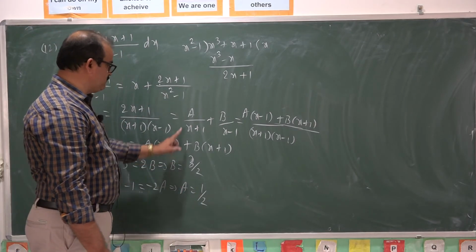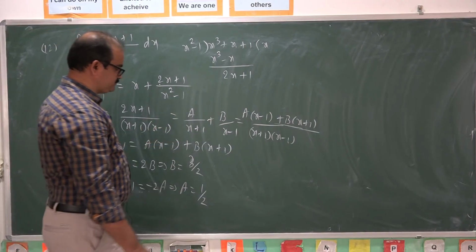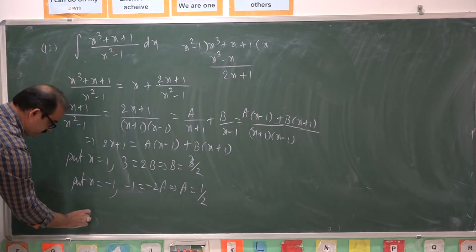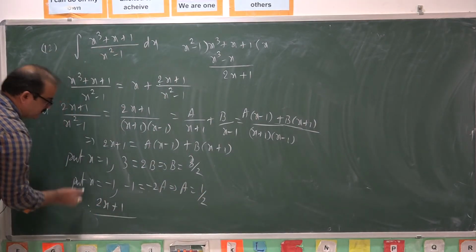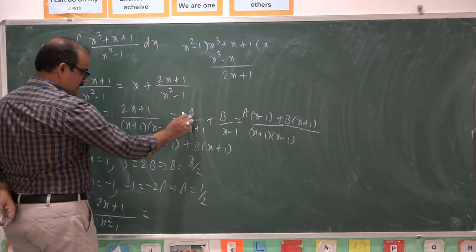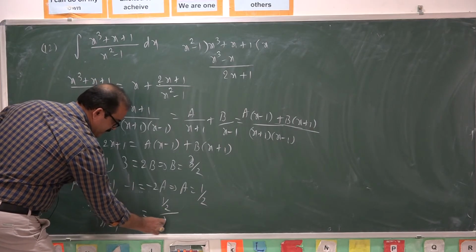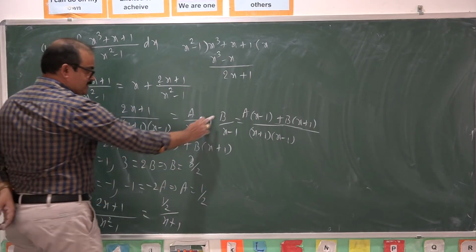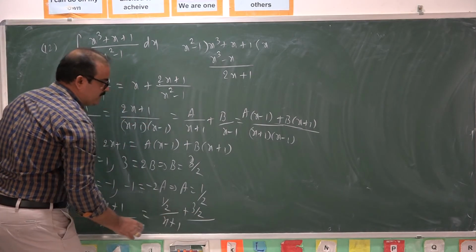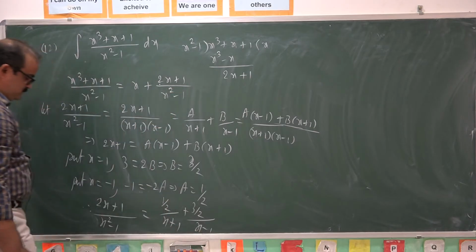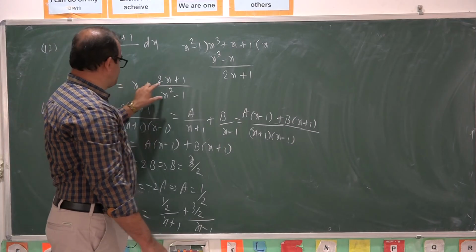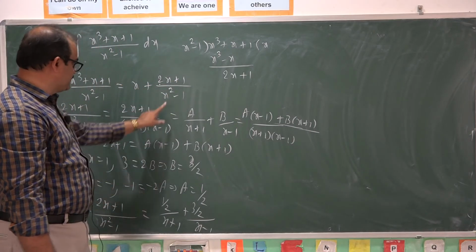Now, substitute a value, b value here. Therefore, 2x plus 1 by x square minus 1 is equal to a is 1 by 2 by x plus 1, b is 3 by 2, 3 by 2 by x minus 1. Now, we substitute 2x plus 1 by x square minus 1 here.